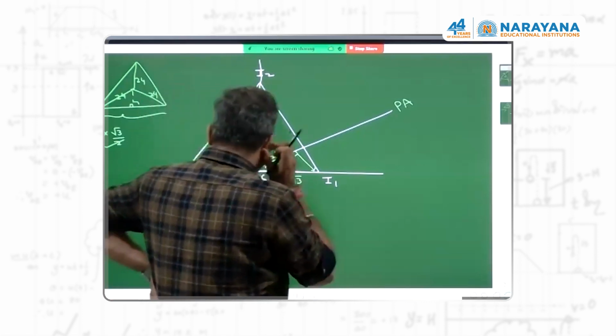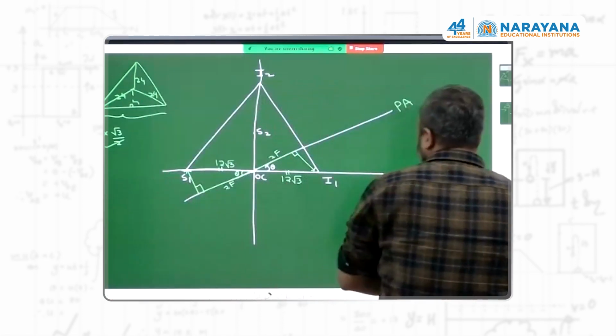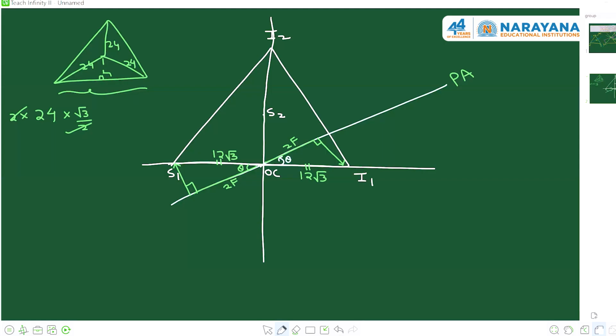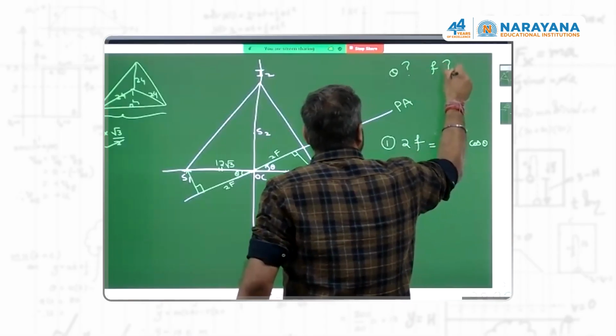I don't know the value of 2f yet. But I am writing one equation now. I am saying twice of f, right? That seems to be 12 root 3 cos theta. Remember, I don't know theta yet. I don't know the focal length yet.